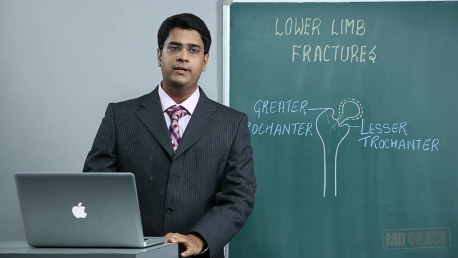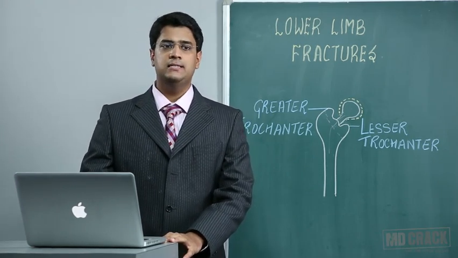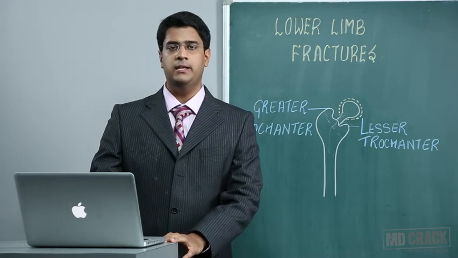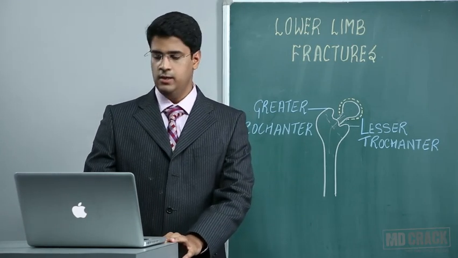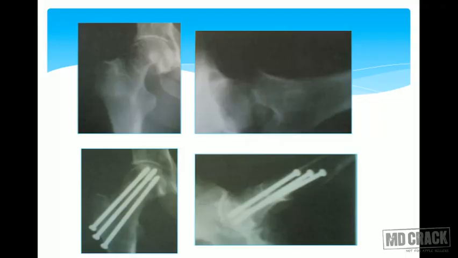Secondly is the cannulated cancellous screw as shown in the previous picture. And lastly is the dynamic hip screw, that is, the DHS implant, which can be used even in fracture neck of femur.